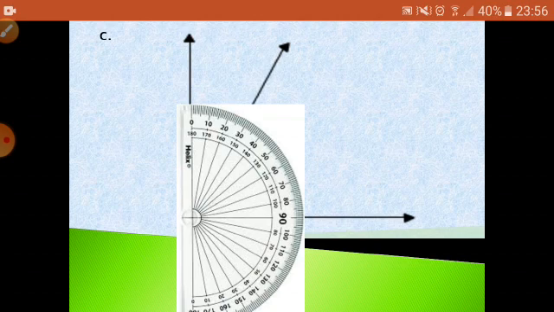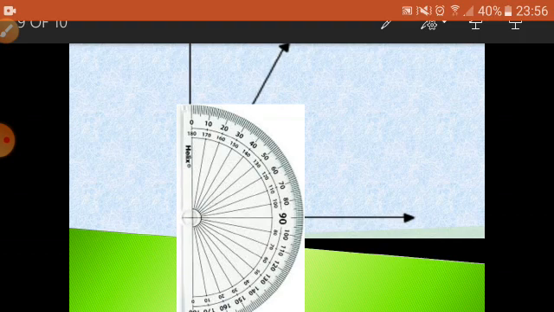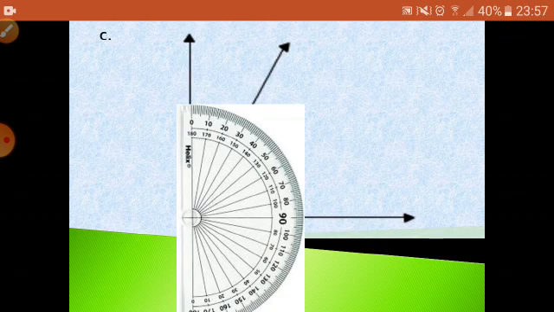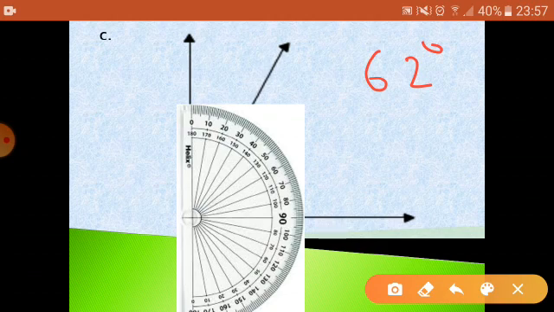Whenever you have this type of question, suppose my angle given in the first slide was 62 degree. What is the sum of the angles when they make complementary angles? Yes, it is 90 degree.